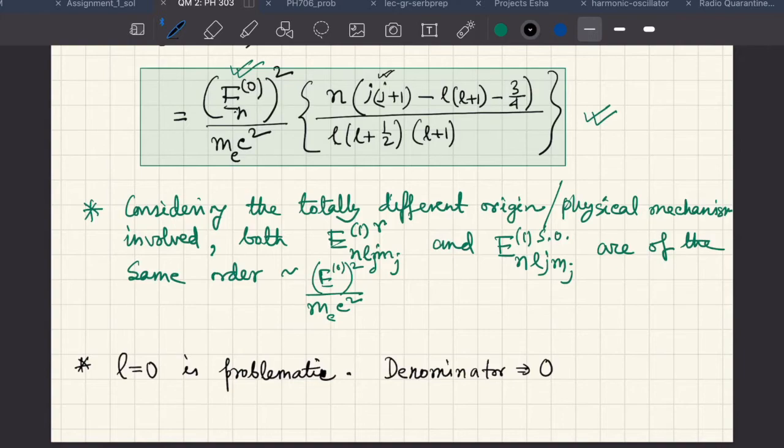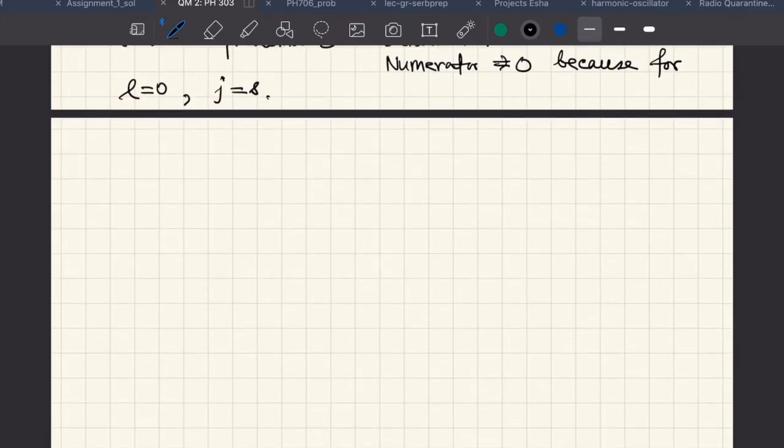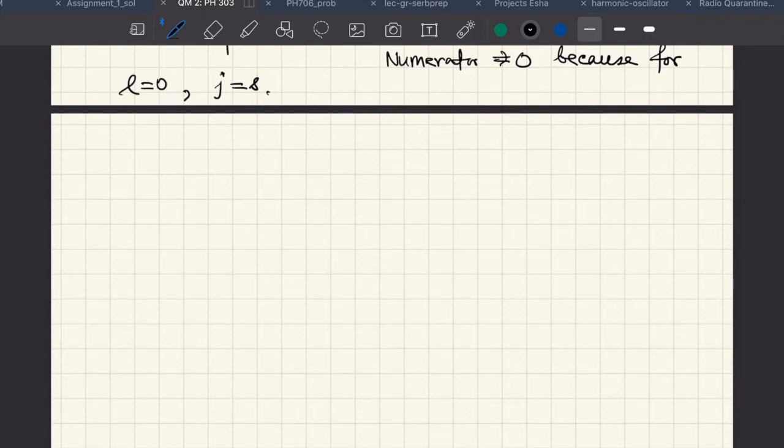So the numerator is also 0 because for L equal to 0, J is equal to S. So this expression of energy which we have written here is indeterminate, because it is of 0 by 0 form. Now one way to resolve this ambiguity is to introduce something known as the Darwin term.